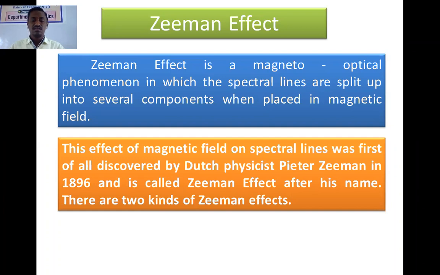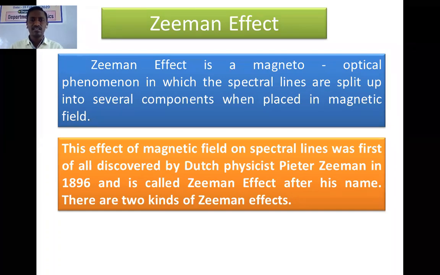Then he found that a single line is no more single, but it got converted into a number of fine lines. So this effect of magnetic field on the spectral lines was known as the Zeeman effect.